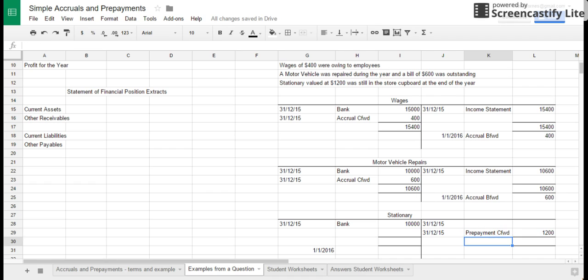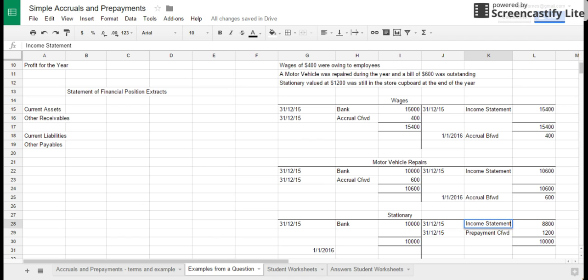Okay, 10,000, the debit side is still the bigger side, so 10,000 in on the debit side, 10,000 goes on the credit side, and therefore we're going to have 8,800 appearing in the income statement as the expense.